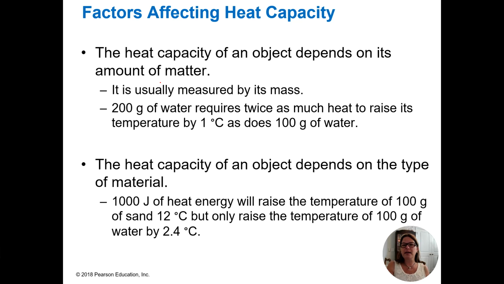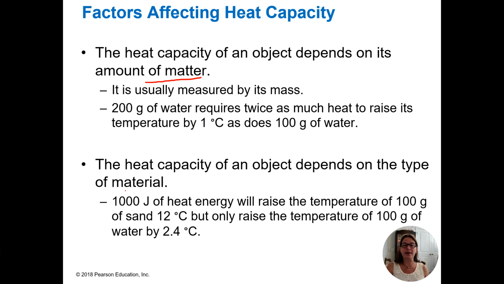So it all depends on the amount of matter. 200 grams of water requires twice as much heat to raise the temperature by 1 degree Celsius as does 100 grams of water. Generically speaking, raising 1 gram of something by 1 degree takes a certain amount of heat per compound. So it should make sense that it would take twice as much heat to raise the temperature of 200 grams of water rather than 100 grams of water.